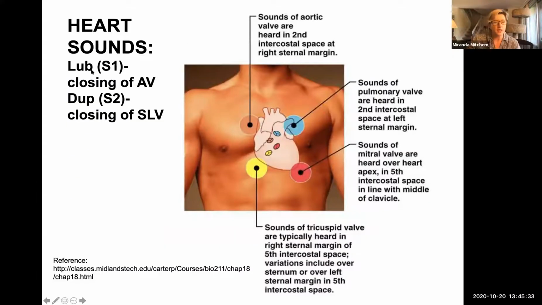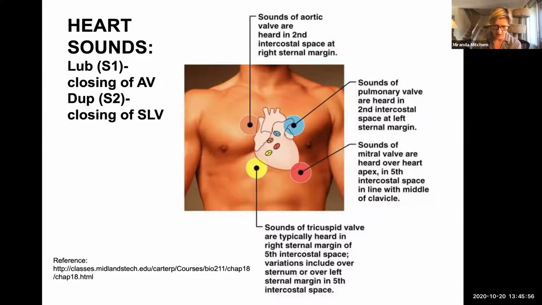Okay, so our heart sounds, sound 1 is called the lub, and it's associated with the closing of the AV valves, atria to ventricles, where S2 is the semilunar valves. So different valves. S1 is the closing of the AV valves. That happens first. S2 is the closing of the semilunar valves.